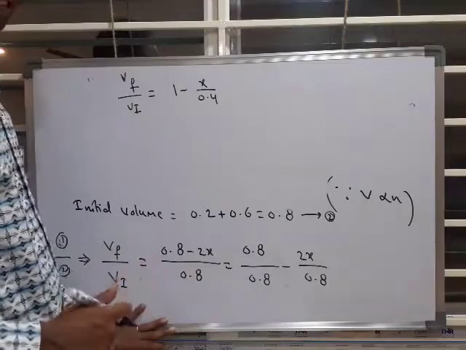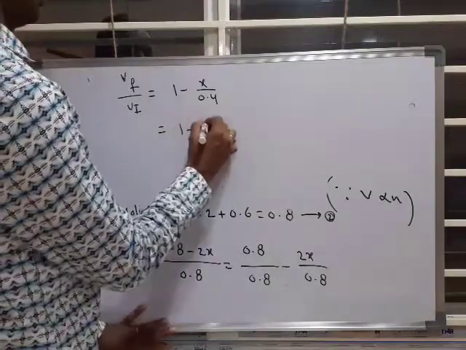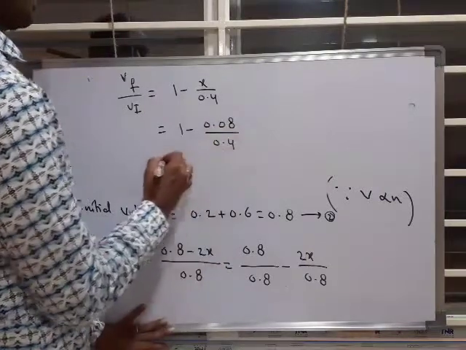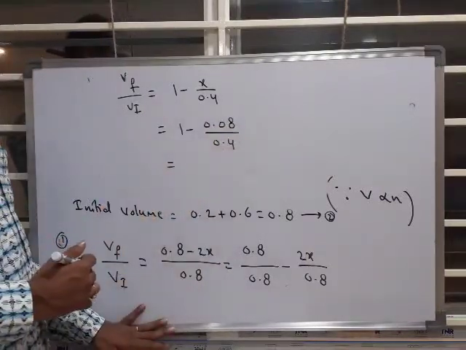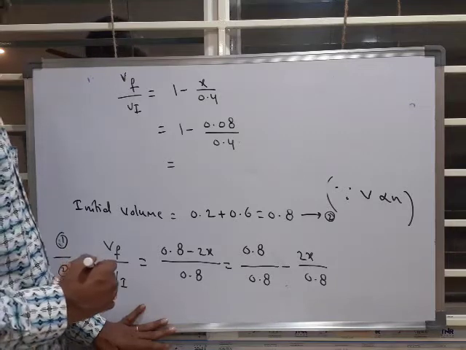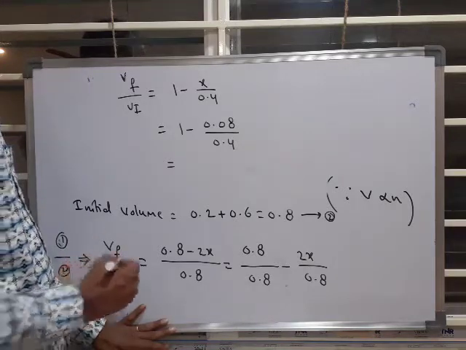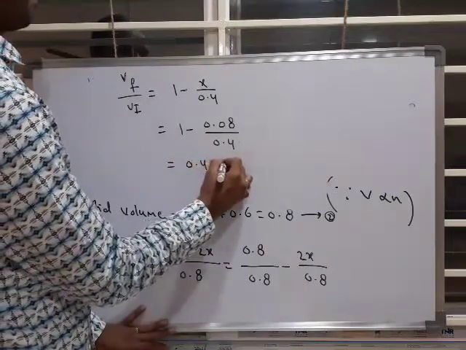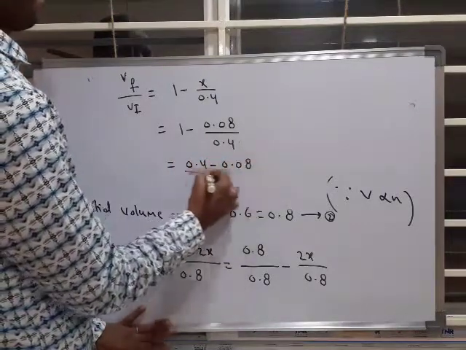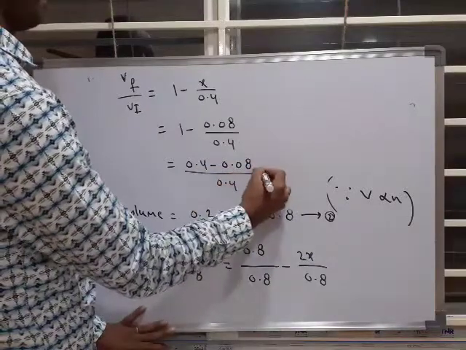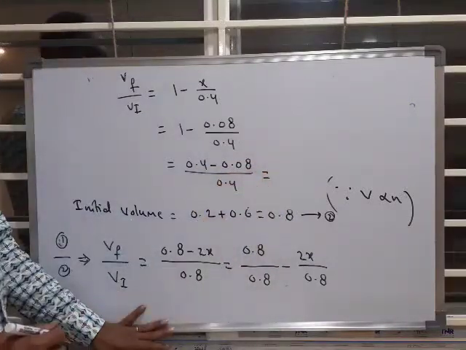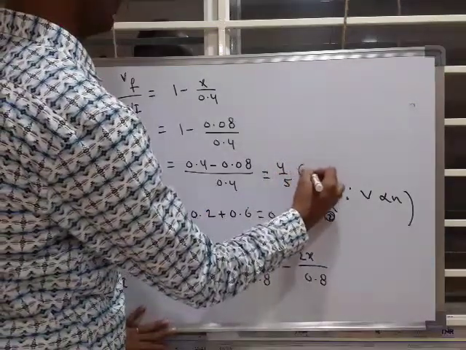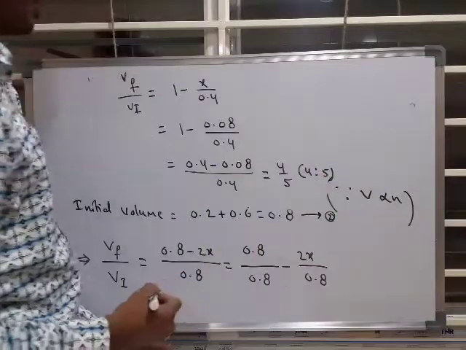We know the x value also. On this overall calculation we will get 8 by 10, so 4 by 5. This is 4:5. OK.